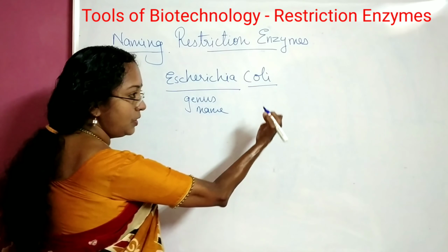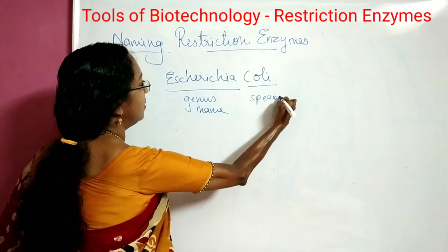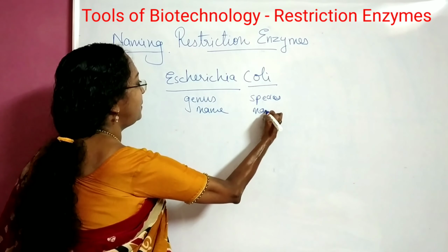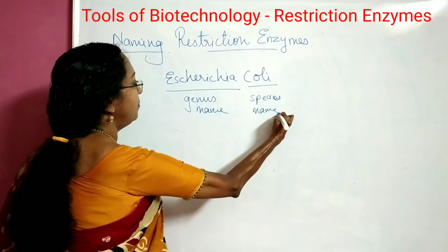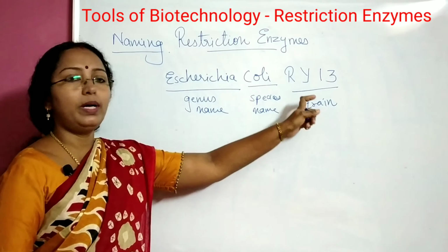Coli is the species name, or specific epithet. And you know, microorganisms are also specific for the strain. Here the strain is RY13. This is the strain of the bacterium. So this is the whole name of the bacterium, Escherichia coli RY13.